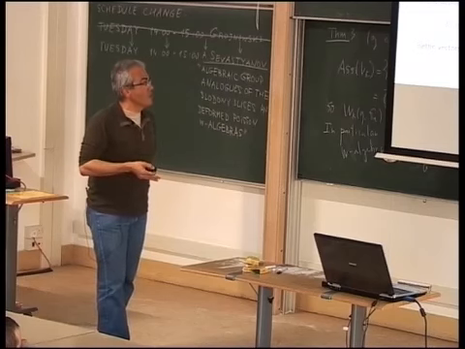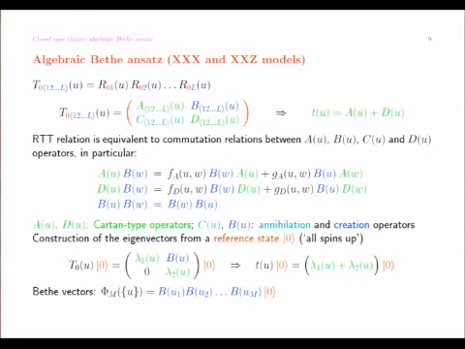So the construction of the eigenvector starts with a reference state, which is just the highest weight, in fact. It's a state which is annihilated by C. So it makes the monodromy matrix triangular, and it's an eigenvector of A and D. So it's an eigenvector of the transfer matrix.